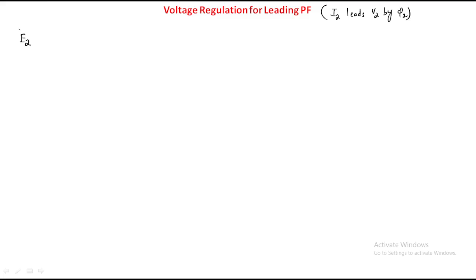We all know that E2 should be equal to V2 plus I2 R02 plus I2 x02. So for this, what is the phasor we have to consider? This is V2, and what about I2? I2 leads, obviously.